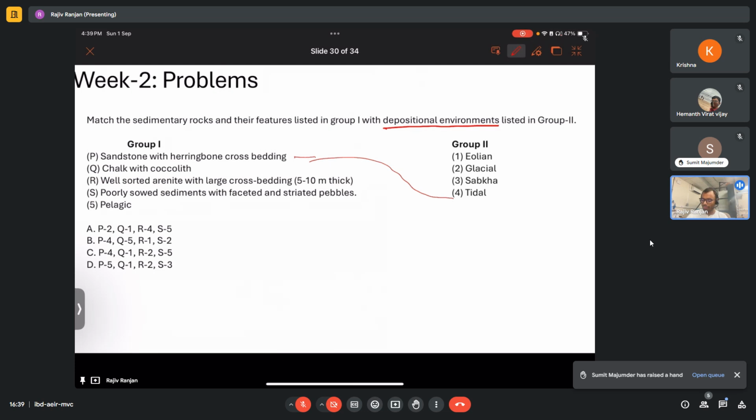Well sorted arenite with large cross beddings. Poorly sorted sediments with faceted and striated pebbles.